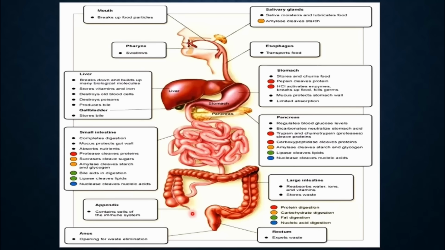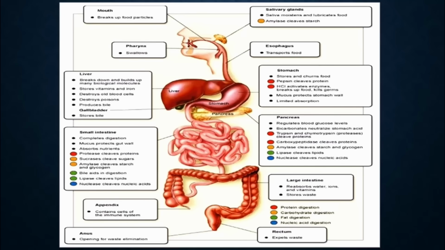We can easily understand it if we use this type of flow chart mentioned in the slide, along with the functions. When this type of chart is displayed on the classroom boards, the children can easily grasp the parts of the digestive system and their functions.